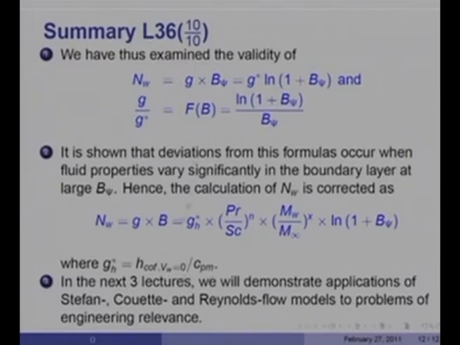So, with this we are now ready to demonstrate applications of Stefan, Couette and Reynolds flow models to problems of engineering relevance, and we shall actually calculate numerical problems, in which first we will consider the Stefan flow model for diffusion problems.